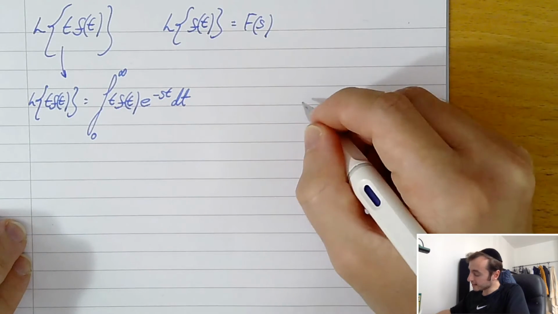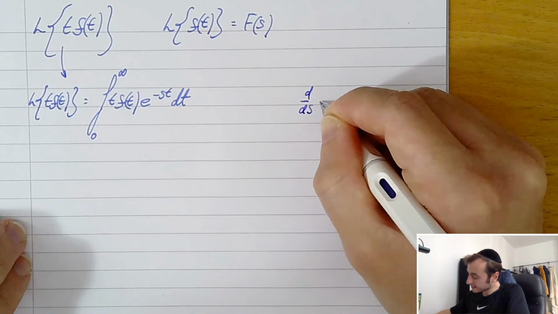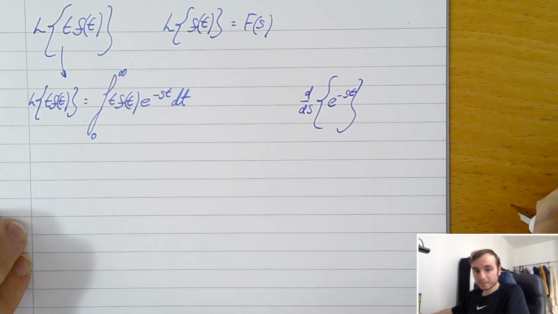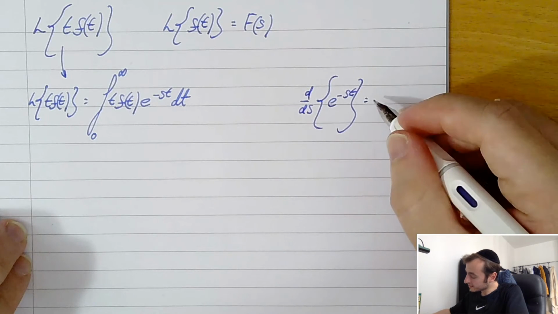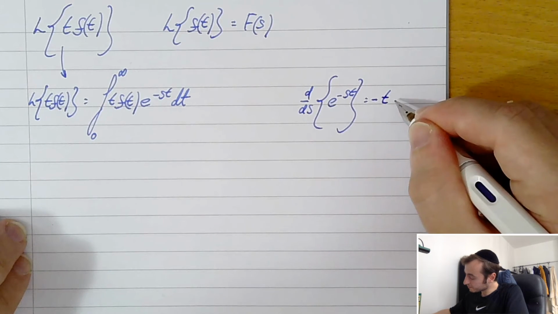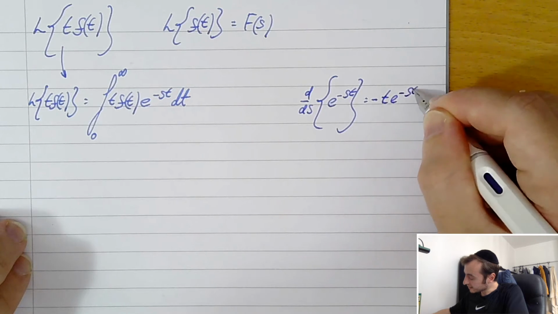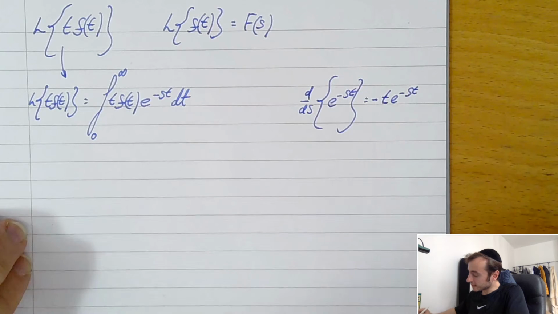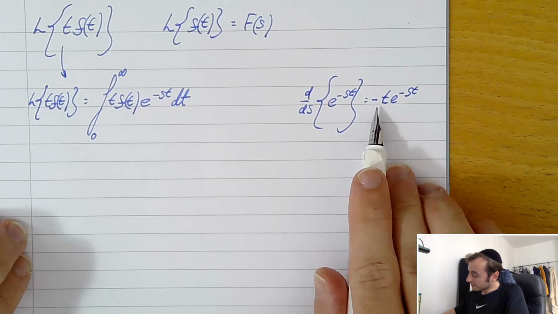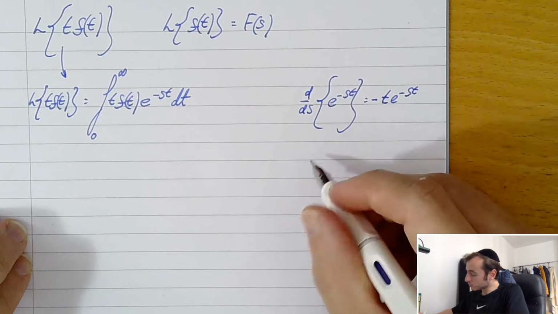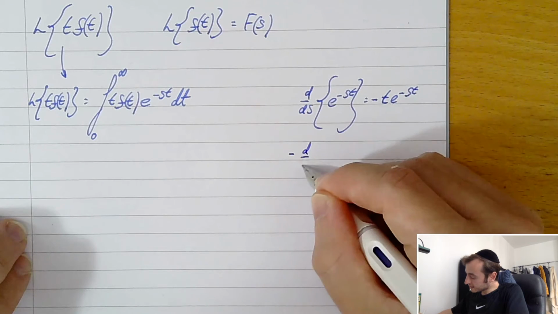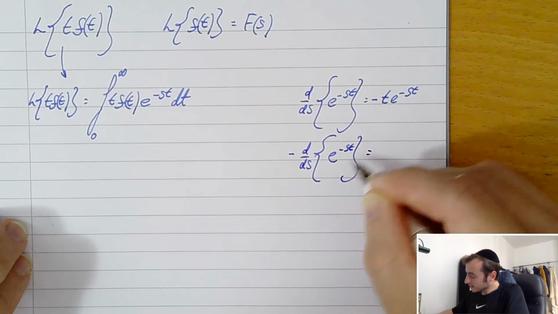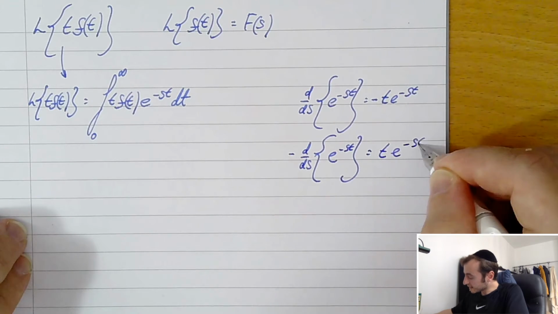So d by ds of e to the minus st gives us minus t e to the minus st. Oh look, that's very similar to t e to the minus st. So if we multiply each side by minus 1, we end up with minus d by ds of e to the minus st equals t e to the minus st.